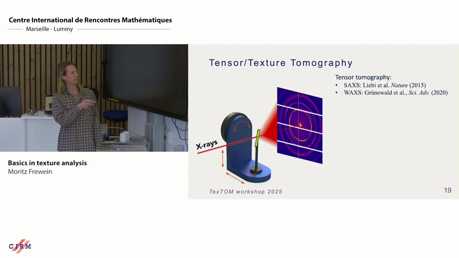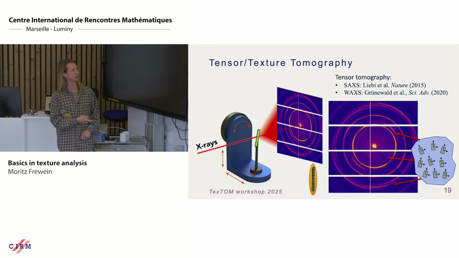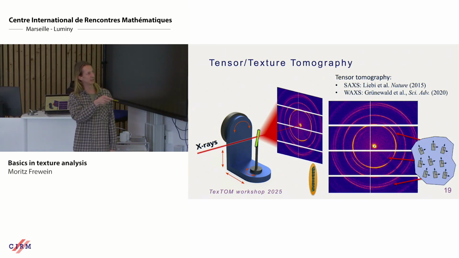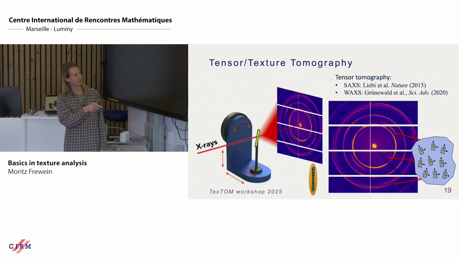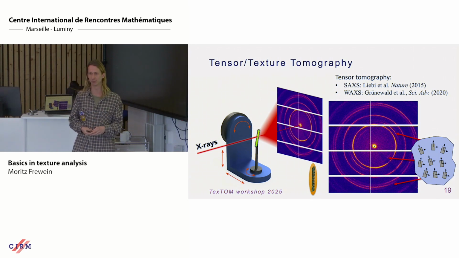It was later generalized to the WAXS regime, so this part where we have actual diffraction peaks and look at the crystalline orientation. And so the idea is that, as you see, these arcs here represent our sample, and from there we can reconstruct broader textures like you were talking about before.